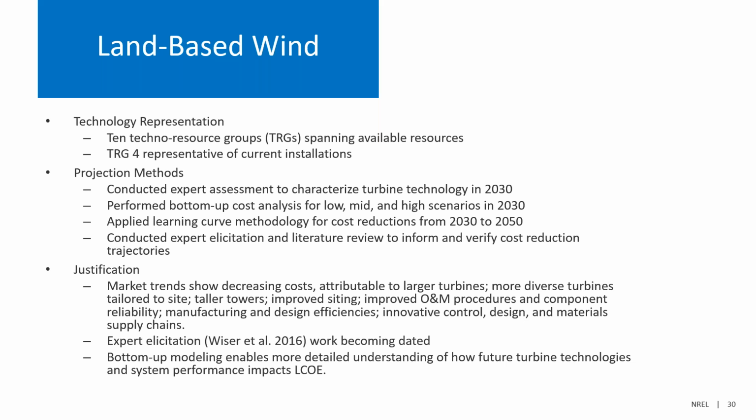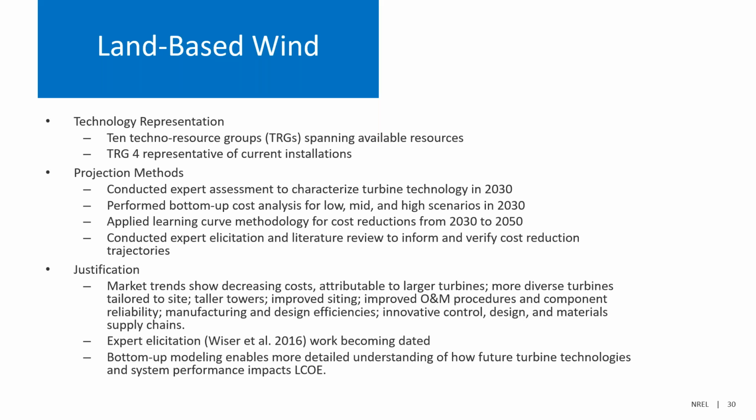After defining these representative 2030 turbine characteristics, we conducted a bottom-up cost analysis using a suite of systems engineering tools here at NREL to estimate the cost and performance for the mid and low cases. Since turbine characteristics become more difficult to predict the further out into the future we go, we shifted from a bottom-up approach to a learning curve methodology, which was informed by historical data to estimate the cost beyond 2030.